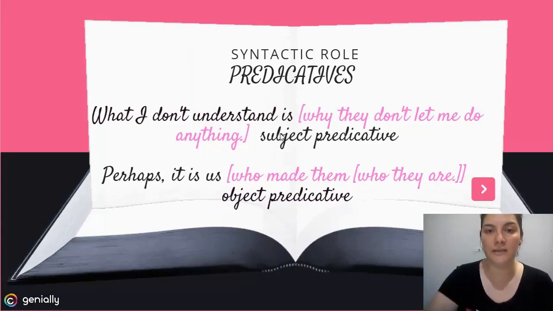See that this complement clause begins with a subordinator which is a WH word, why. Besides, note this clause contains another WH complement clause which acts as the subject of this clause. In this case, I haven't marked this in pink because I wanted to show you the subject predicative.